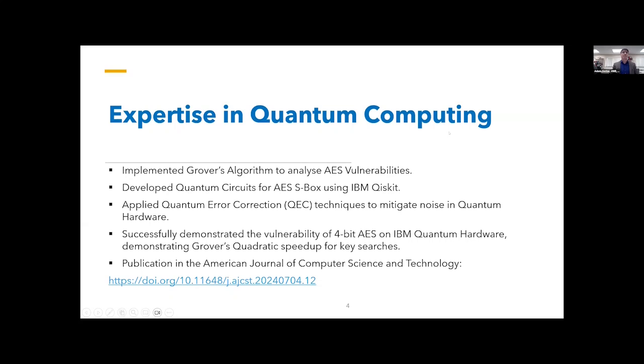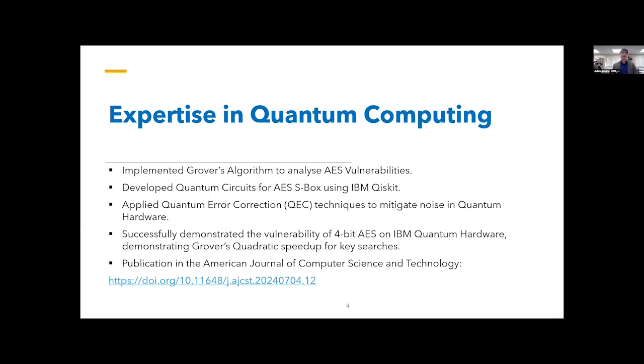So what is our expertise in this area? We've already implemented Grover's algorithm to analyze AES vulnerability. We used quantum error correction to tackle hardware noise, and even demonstrated the vulnerability of a simplified version of AES. AES, as I said, could be 128-bit.